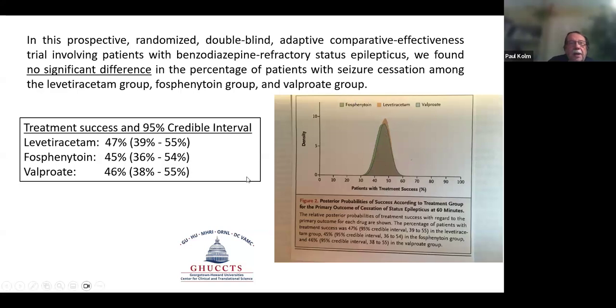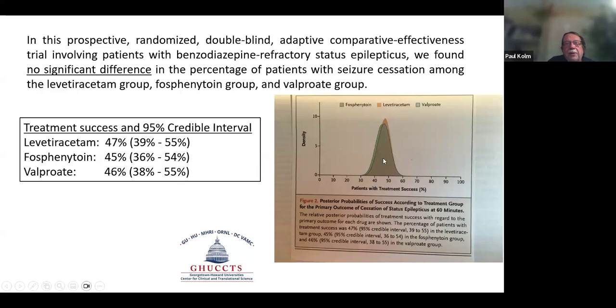It's a little hard to see, but these are the 95% credible intervals that they calculated from their Monte Carlo simulations. And so you can see that they virtually overlap.